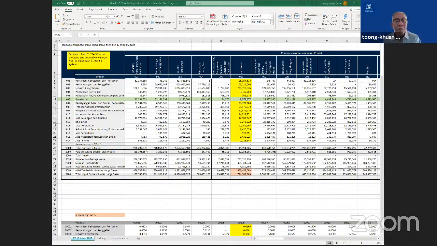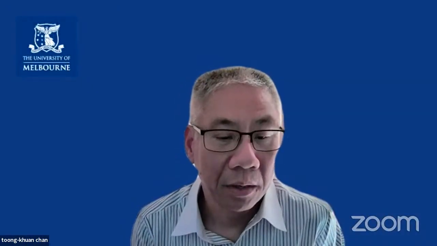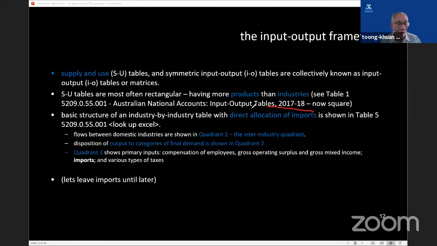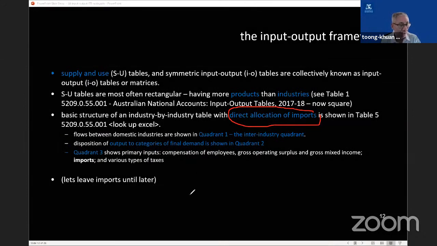Let me go back to my PowerPoint. Okay. So I've shown you table 1, I've shown you table 5, I've shown you your Indonesian table, but let's ignore imports for now, right? I say that this has a direct allocation of imports, but let's leave imports until later.